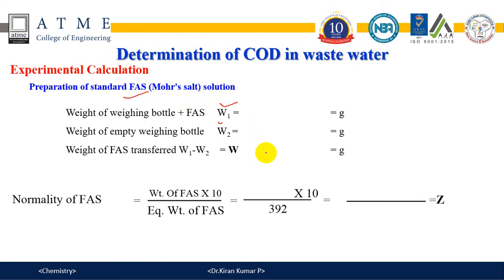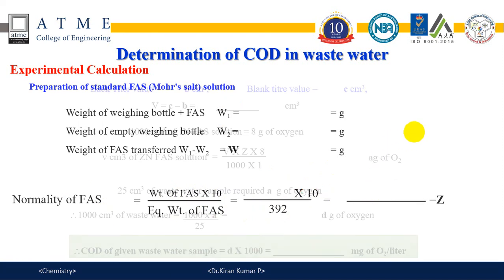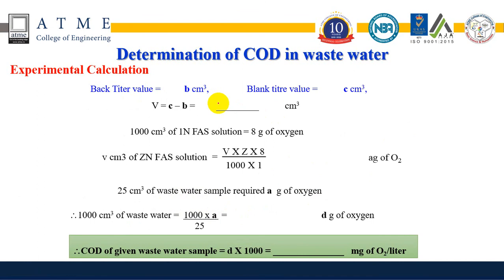W1 minus W2 is W. Find out the normality of FAS: weight of FAS transferred, W, into 10 by the equivalent weight of FAS, which is 392. The 10 is because we are reducing it for 100 ml. We are using a standard flask containing 100 ml. So this is the calculation part.